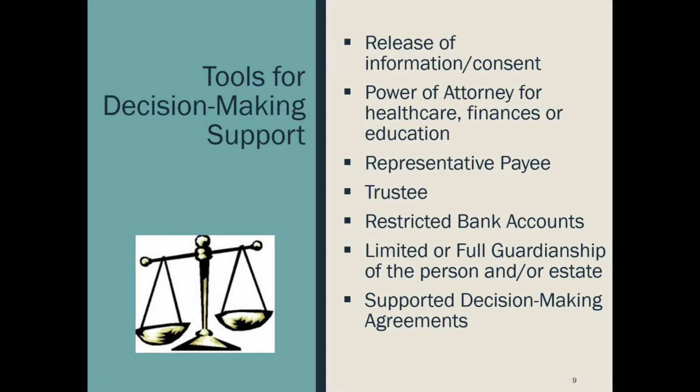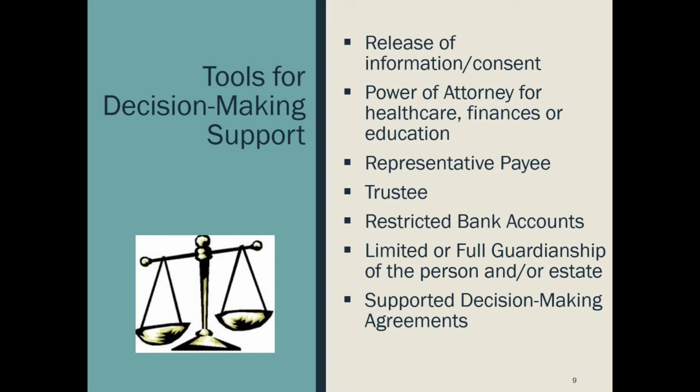So I'm going to talk now about just what are some of the actual tools available to us to support decision-making. One of the ones that I found most important to be aware of is what's called a release of information or consent. So when a young adult turns 18, when they're 18 and 30 seconds, they are viewed differently under the law than when they were 17, 365 days and whatever.